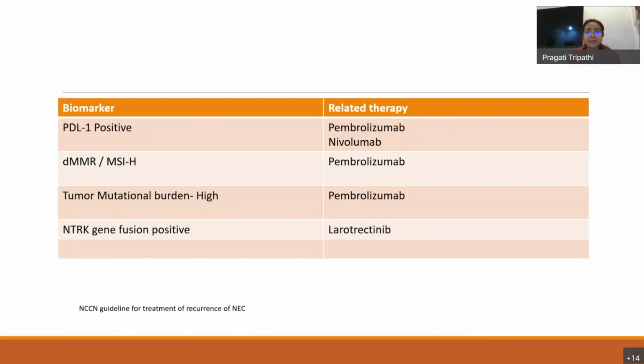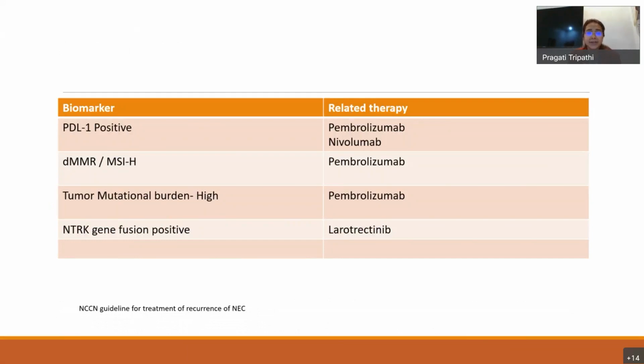Now, for multiple recurrences, there are very few case reports on neuroendocrine cervical tumors. So the biomarkers and the related therapy that can be used are, in patients with PD-L1 positive, pembrolizumab and nivolumab have been used.